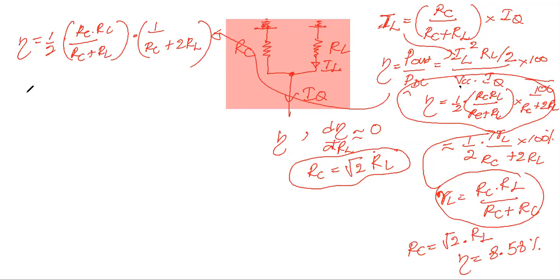If you solve this one, you can write it as half into RC RL divided by RC squared plus 2 into RC RL plus RC RL plus 2 times RL squared.